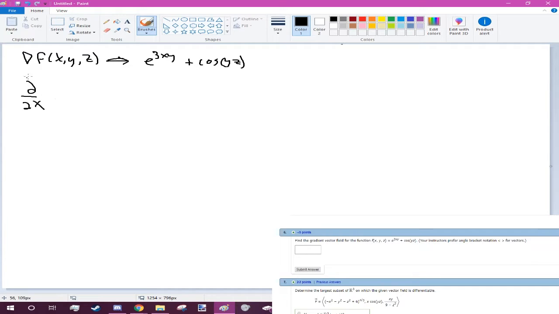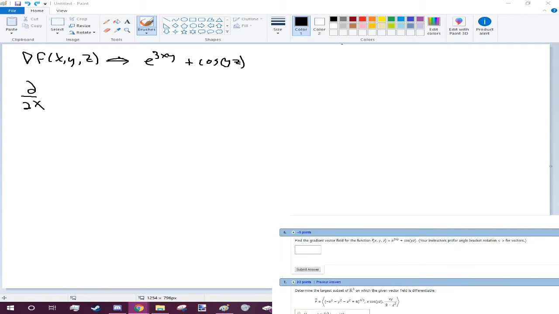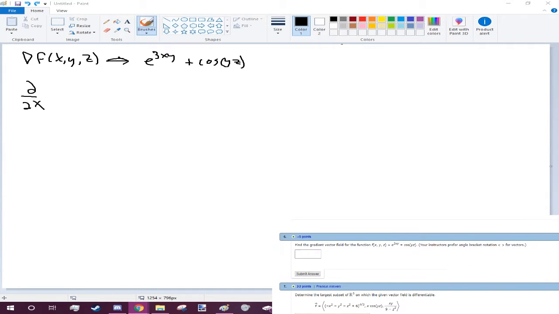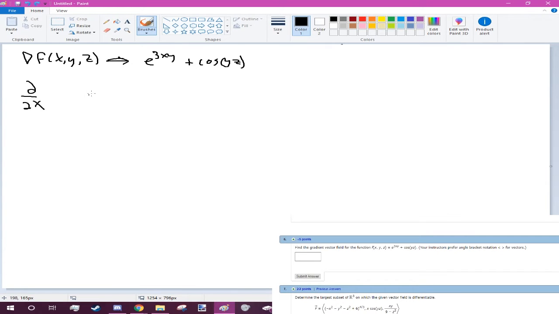So we're just taking a quick partial for this bad boy. We're on this problem right here, on screen. We're just taking a little partial, so e to the 3xy, just a basic little chain rule here.